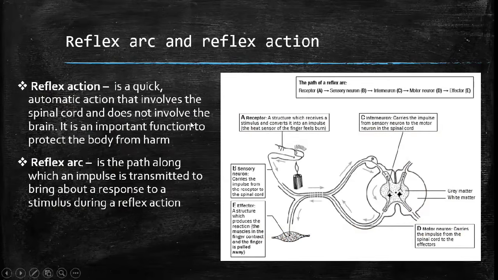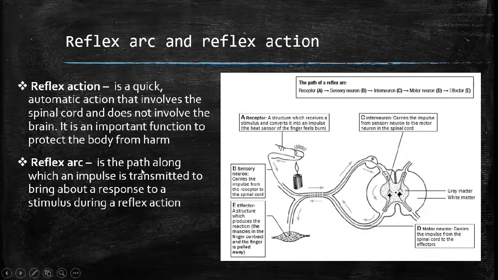Its important function is to protect the body from harm. This particular action happens so quickly and it's automatic, which means it's not voluntary. So it's not you who decides what to do, it decides for you.